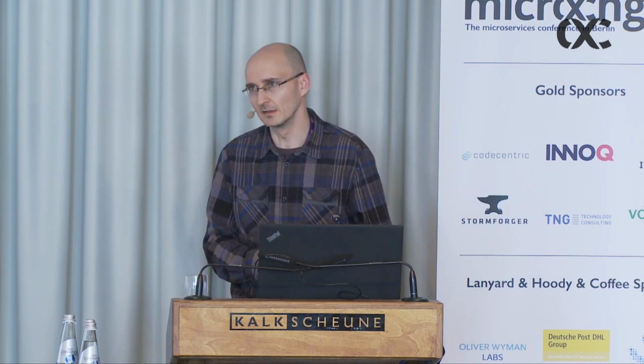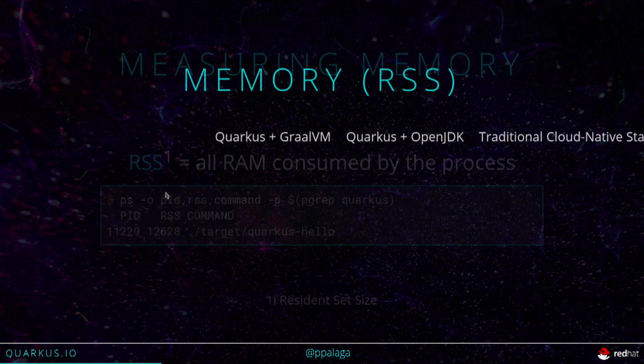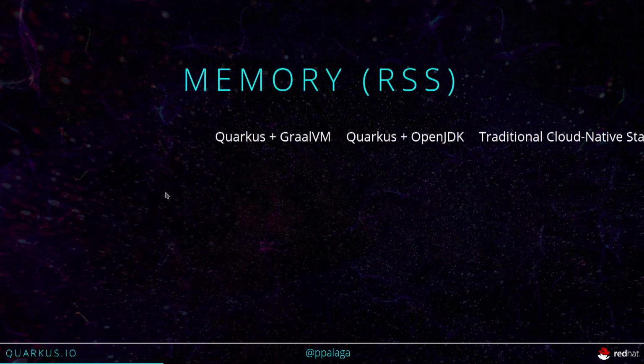But what matters in the container space is the overall total amount of RAM consumed by the Java process. And this number is called RSS, which means resident set size, and it can be output, for example, by the ps command.